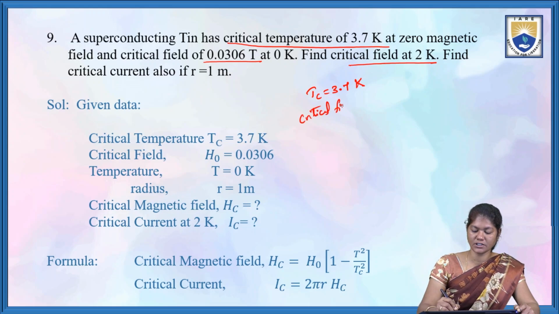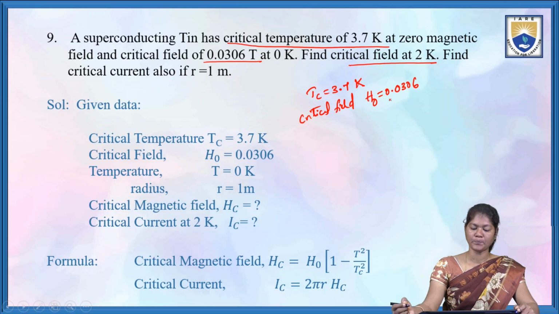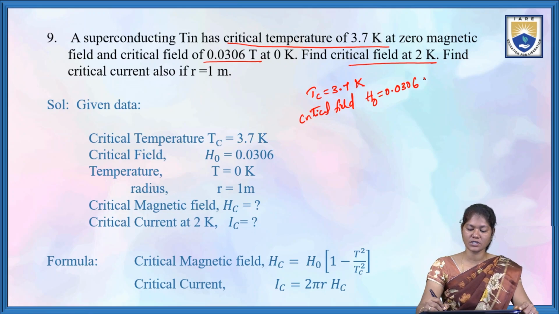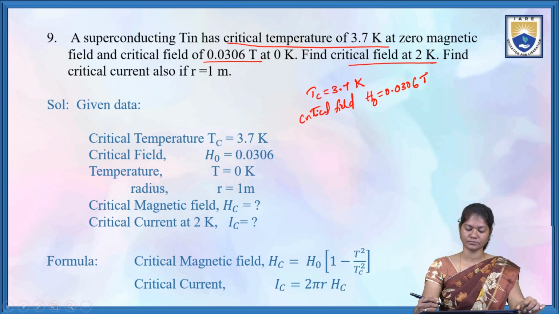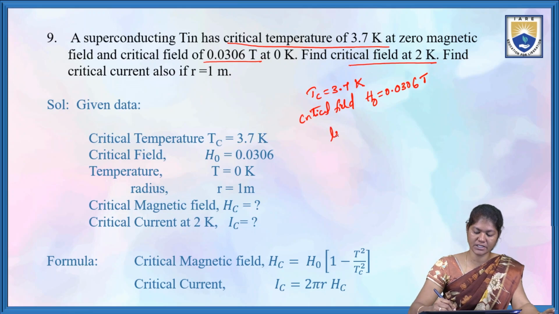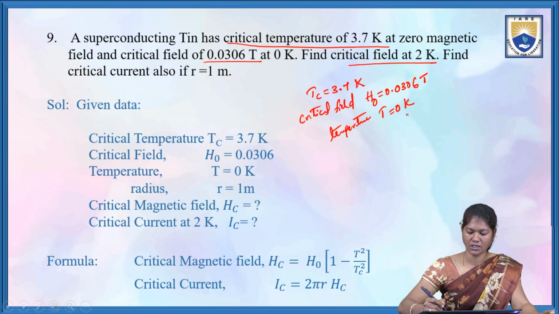So the critical field Hc is 0.0306, and this critical field is at 0 degree Kelvin, so H naught is equal to 0.0306 Tesla at temperature T equal to 0 degree Kelvin.